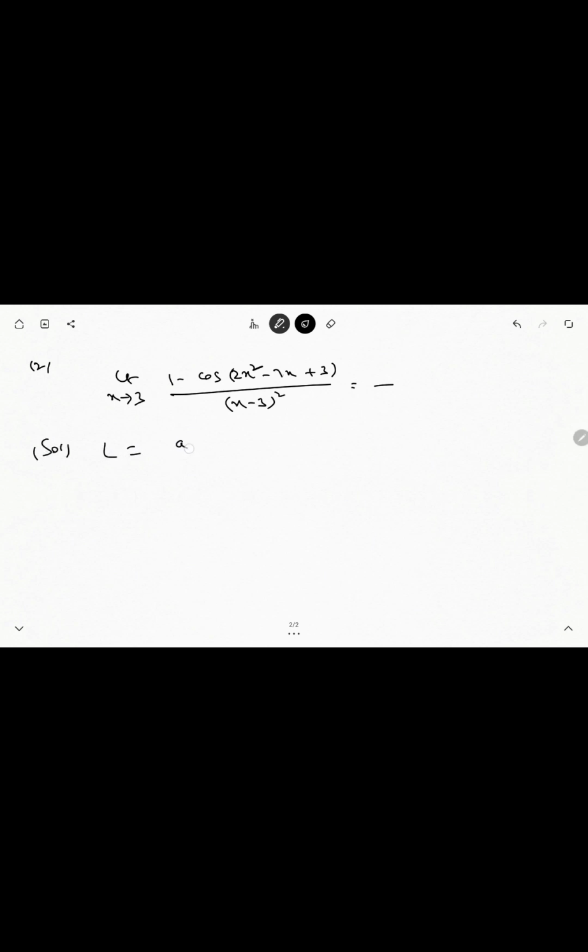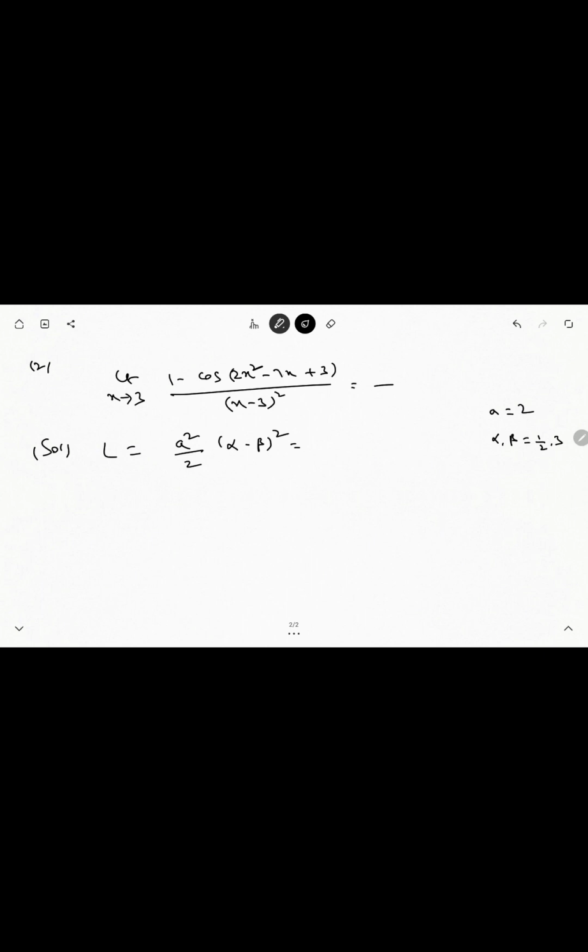So L is equal to what is the formula by the previous one? A square by 2 into (alpha minus beta) whole square. Here, tell me, small a is equal to 2. And what are the roots here? Alpha comma beta are 1 by 2 comma 3.